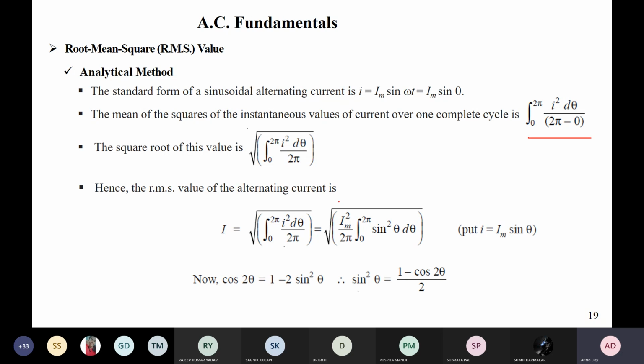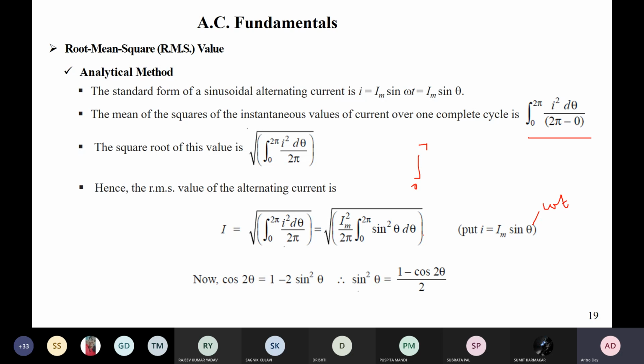Hence the RMS value we can calculate like this. We can take 1 by 2 pi out, and Im square we can take out because that is constant. I equal to Im sine theta. We are just writing theta for omega t. If you wish, you can integrate from 0 to T sine square omega t dt.